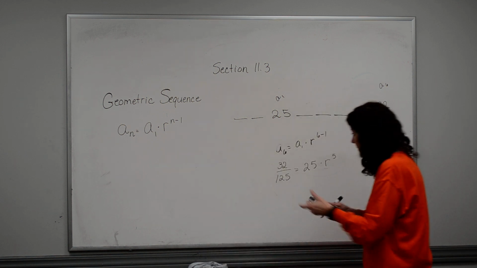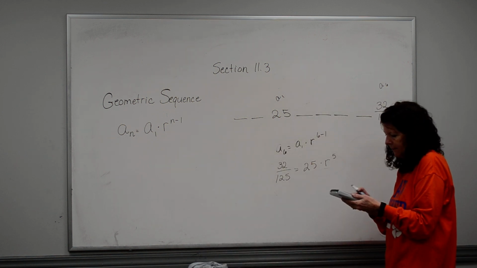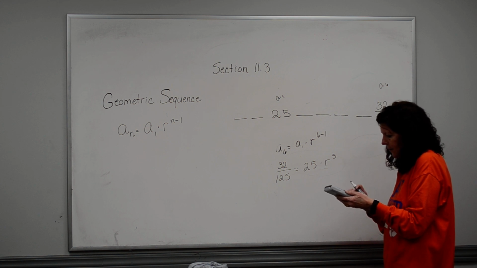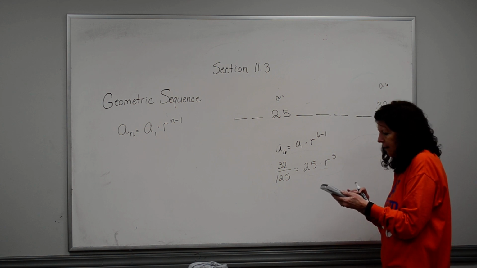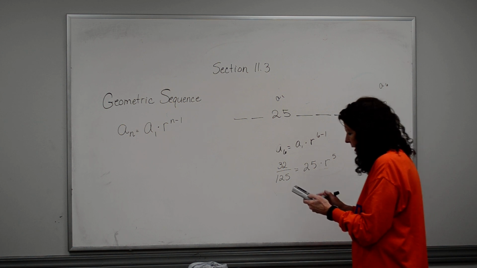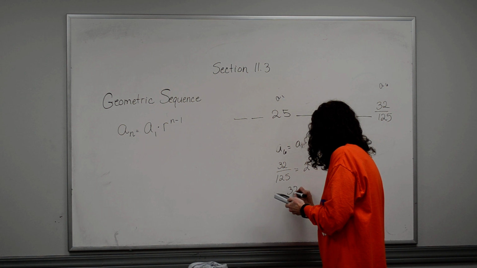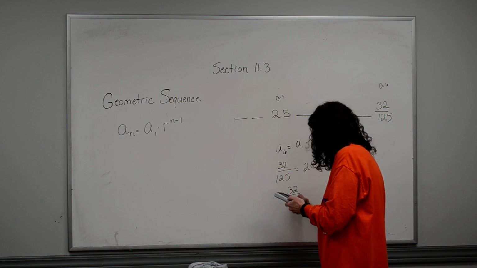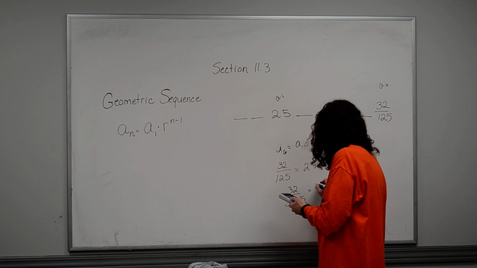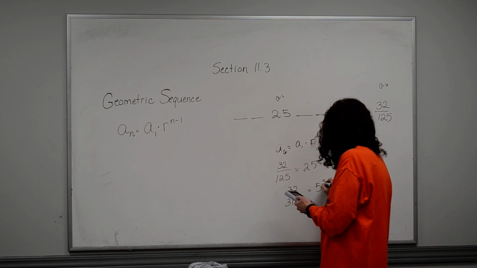So I'm going to divide by 25. So I have 32 divided by 125 divided by 25. And I'm going to make a fraction out of it. So it's 32 over 3,125 is equal to r to the 5th power.